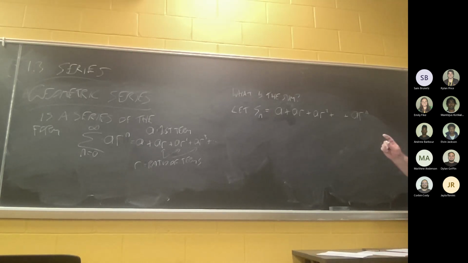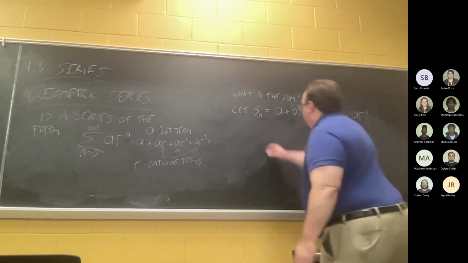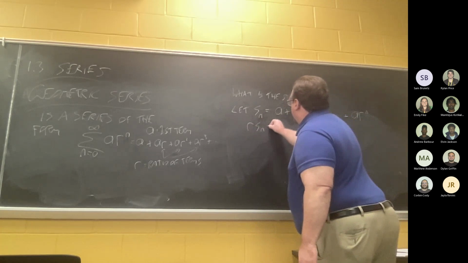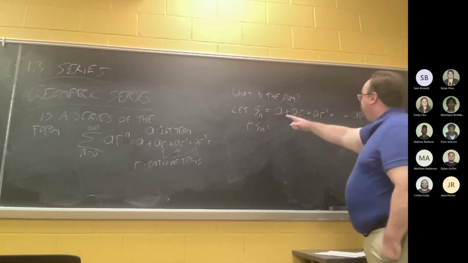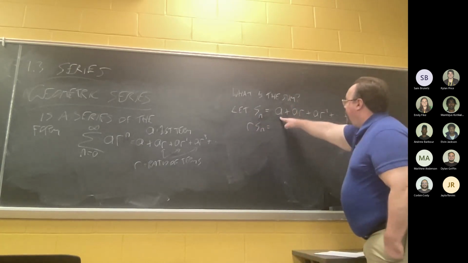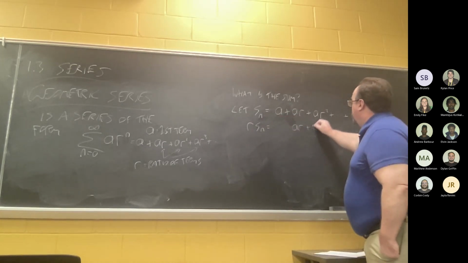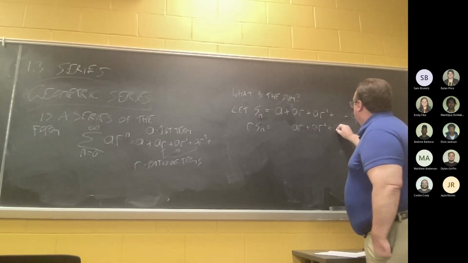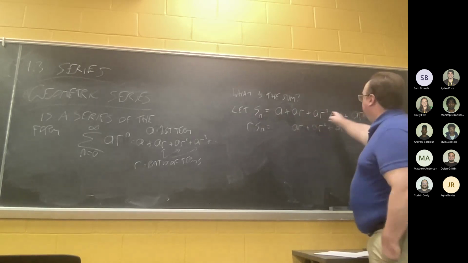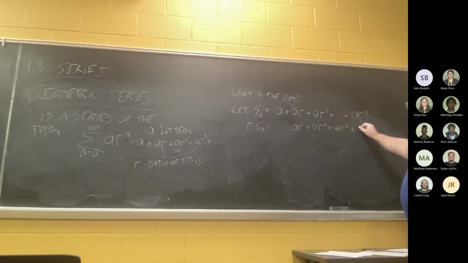Now, suppose I take both sides of this equation and multiply them by R. So R times Sn. So I'm multiplying all of these by R. So I have AR, AR squared, AR cubed, and so on, all the way to AR to the n plus AR to the n plus 1.